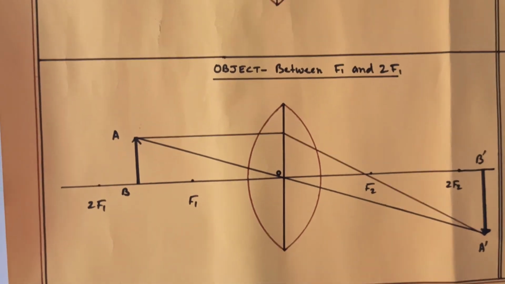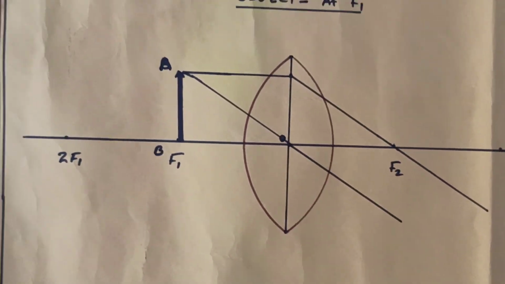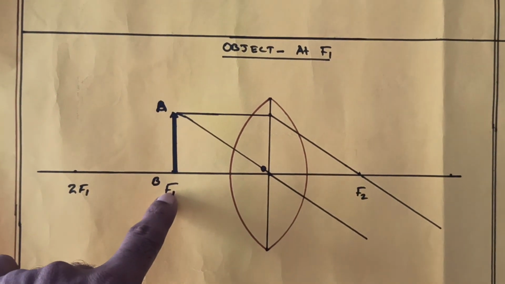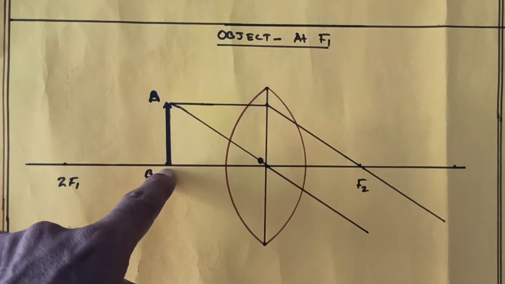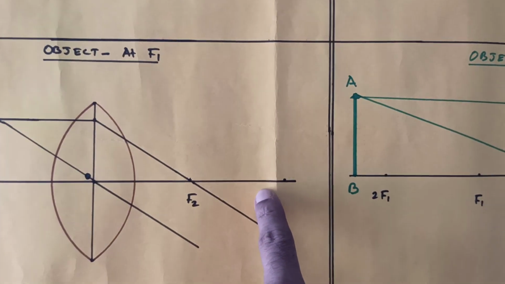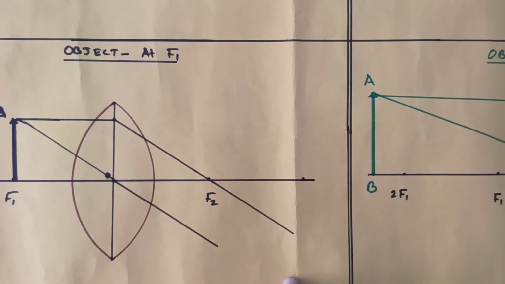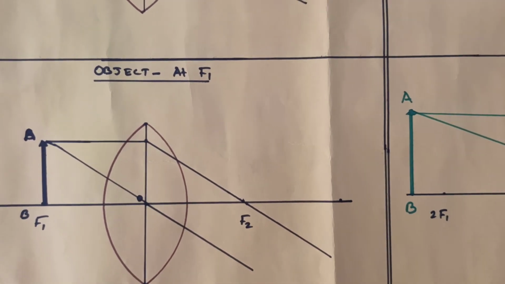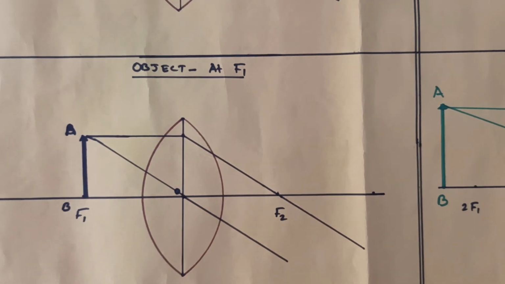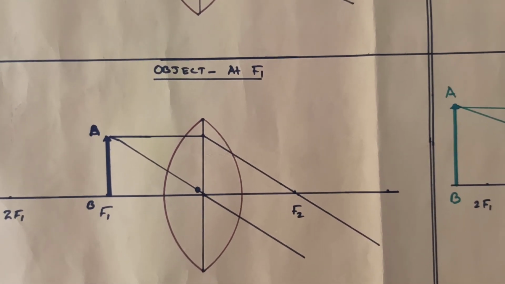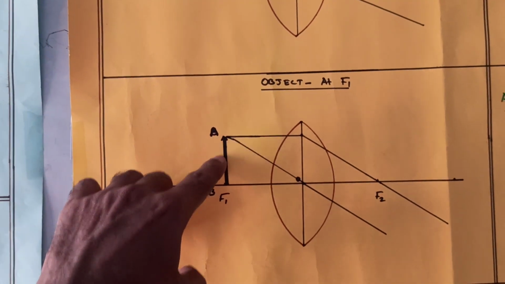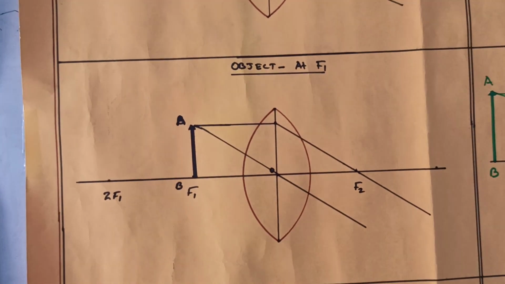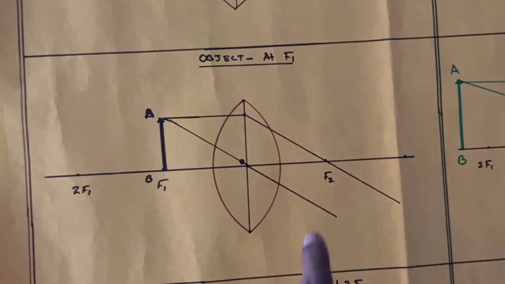Now we'll go to the next diagram where the object is placed at F1. What happens to the position of the image when the object is placed at F1? You can see no image is formed here. It shows that the image is very far from F2, that means it is at infinity.